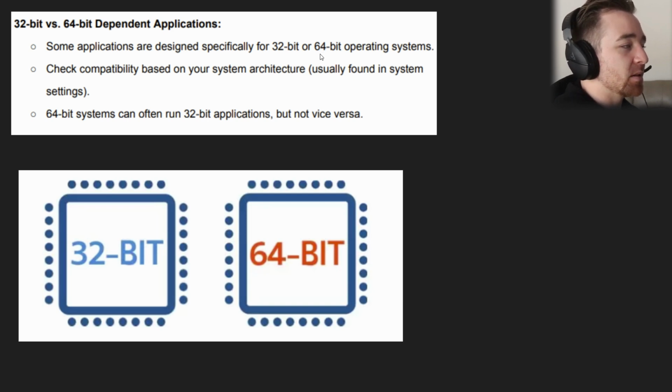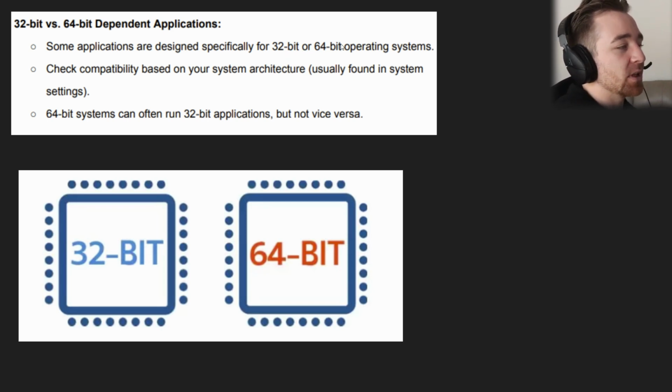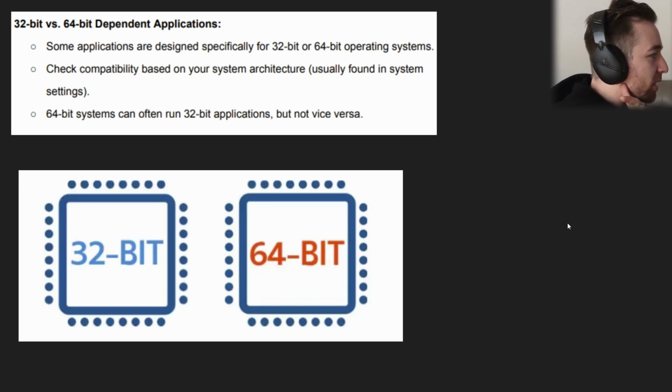That's simply because the more powerful operating system can run the less powerful application, but the less powerful operating system cannot run the more demanding or more powerful application. Hopefully that makes sense. So that's what we need to know for that one.